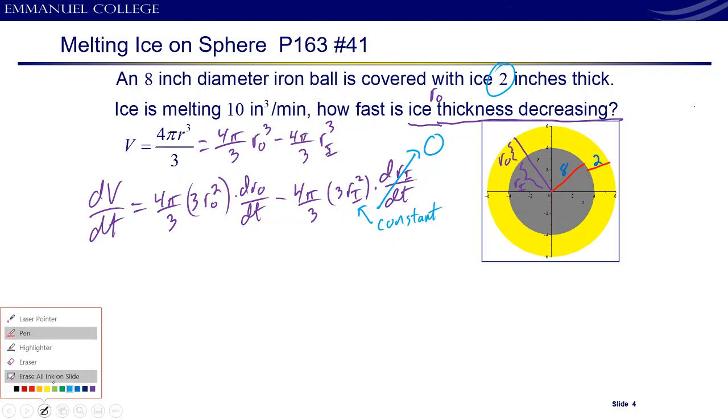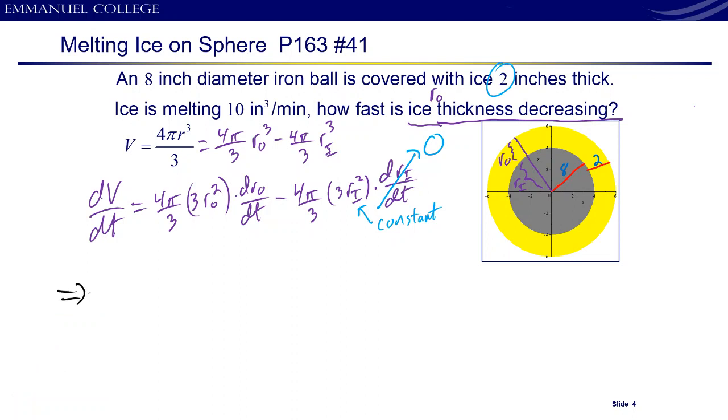So now we can actually plug in some values and get something out of it. Now it said the ice is melting at 10 cubic inches per minute. So that means that the volume is changing at 10 cubic inches per minute.